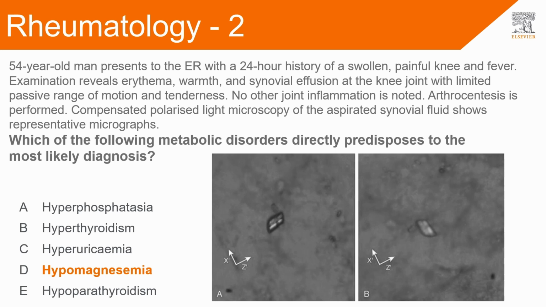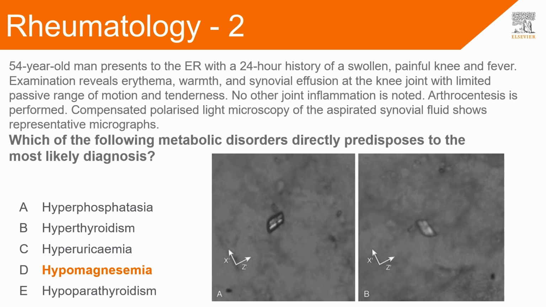Hyperthyroidism can lead to various metabolic musculoskeletal manifestations, such as osteoporosis, hypercalcemia, but it does not directly predispose to pseudogout itself. The rhomboid-shaped crystals in the synovial fluid are specific for CPPD crystal deposition, not hyperthyroidism.